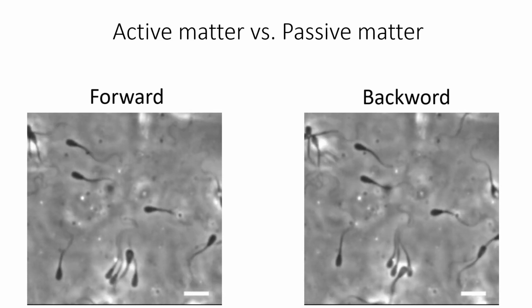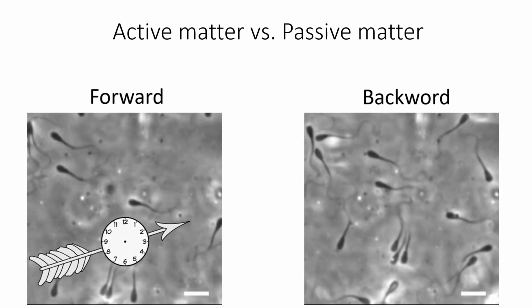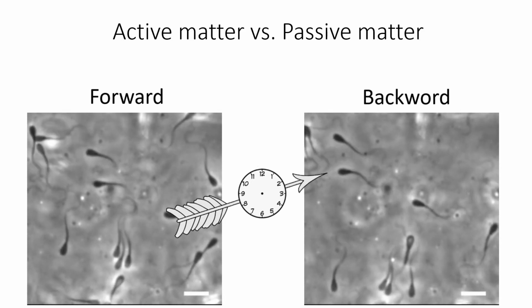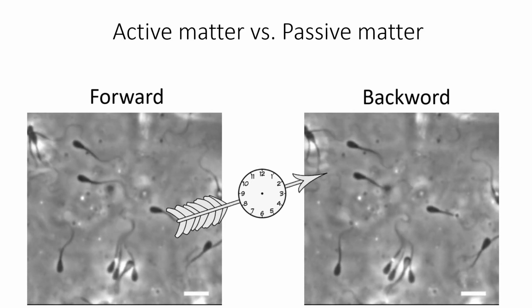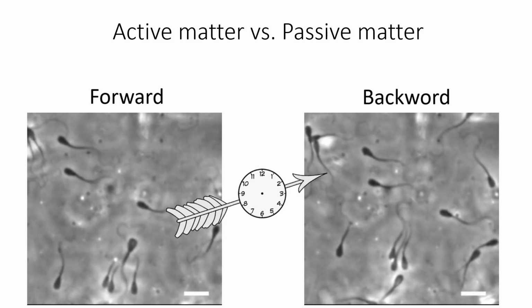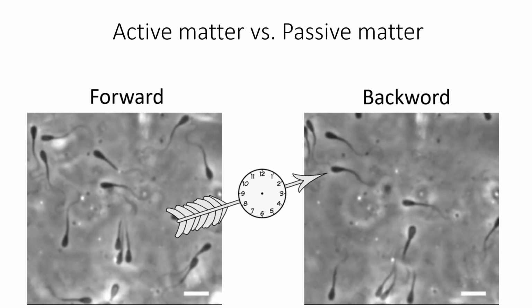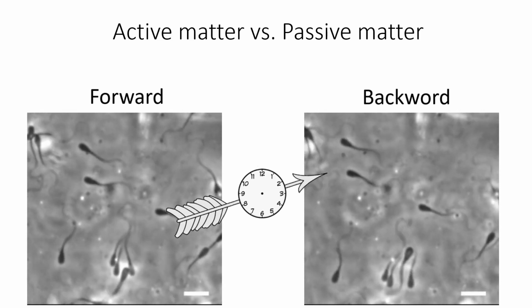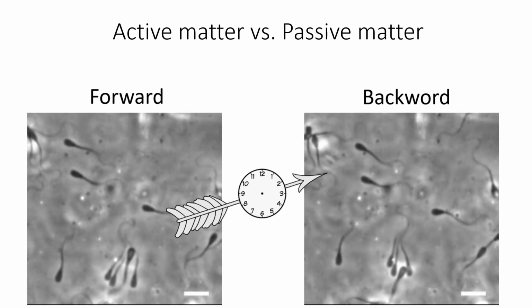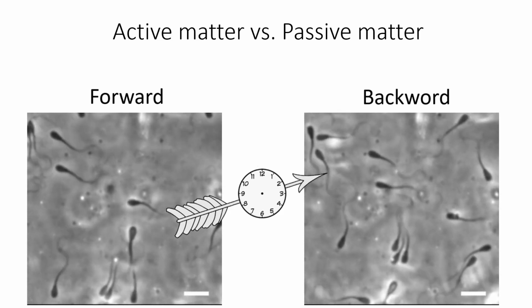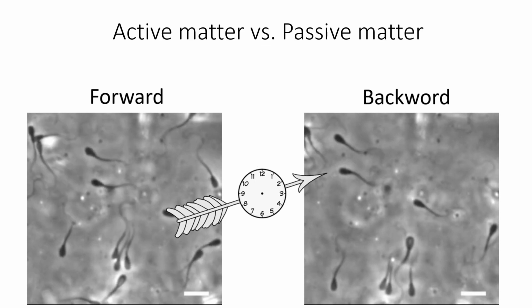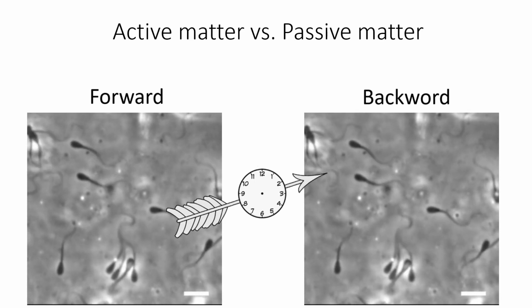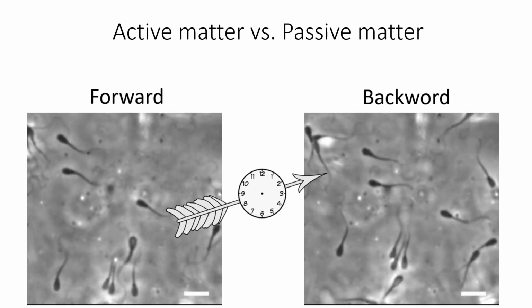And since entropy increases with time, we can tell the direction of time. So from this example, we know that active matter is different from passive matter from a fundamental perspective of time. Passive matter has no concept of time. Active matter has a time arrow.